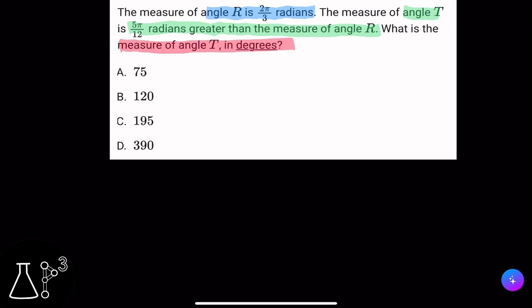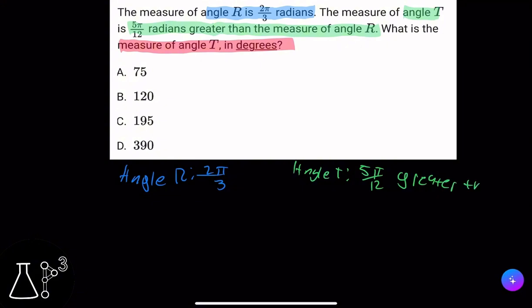So let me write what's given. Angle R is 2 pi divided by 3, and then angle T is 5 pi divided by 12 greater than angle R. What that means is that we need to add 5 pi divided by 12 to the angle measure in radians of R to find the angle measure of T, because it's given that T is 5 pi divided by 12 greater.